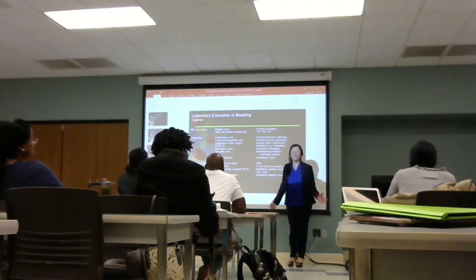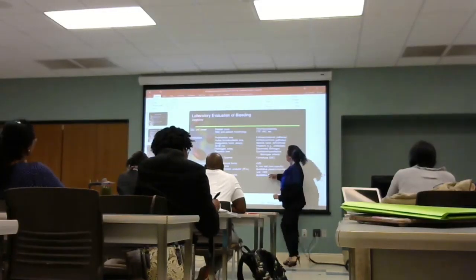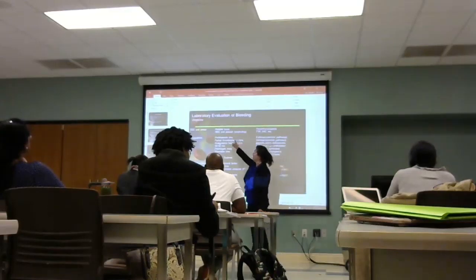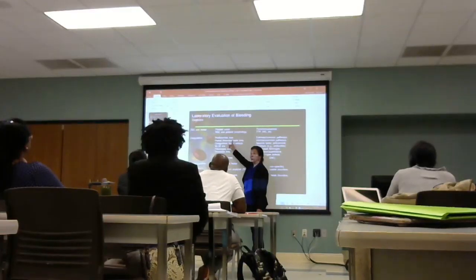How are the platelets affected in DIC? They're low. Okay. Coagulation. PT, PTT, and INR are affected in DIC. Right? D-dimer is elevated in DIC. Fibrinogen is low in DIC.